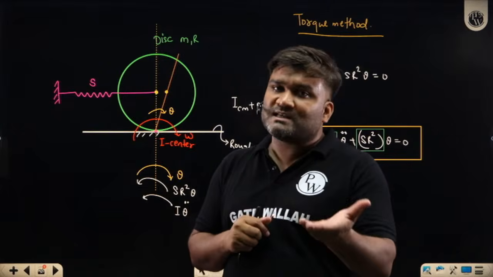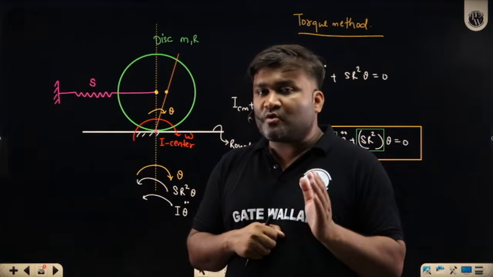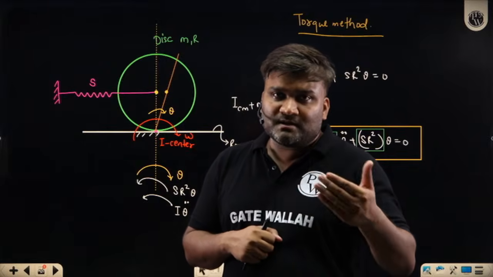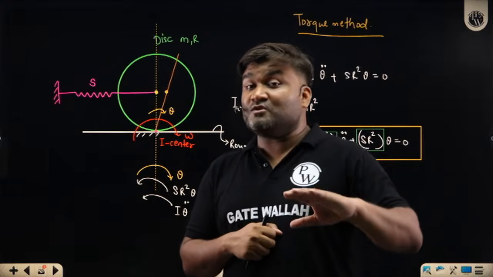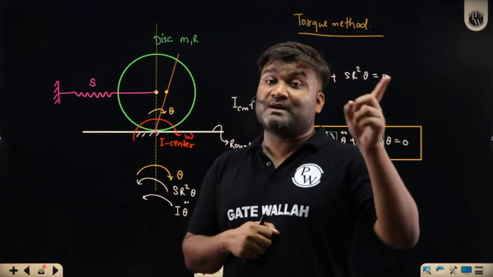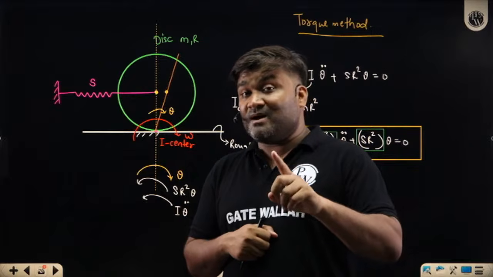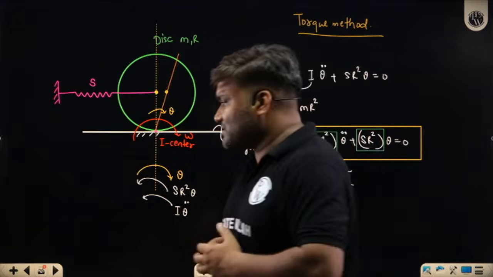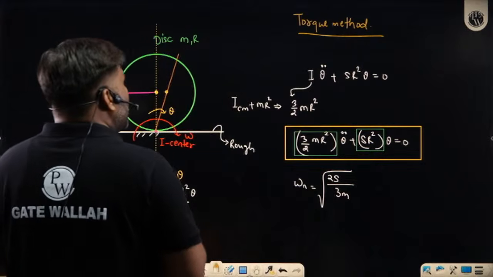From where? From the I center, obviously. So the torque method has that limitation. The energy method is only for natural vibration. Rayleigh method, so many constraints. Sir, there should be only a spring, only one mass, not distributed, concentrated. So many restrictions. So this was all about the energy method also.